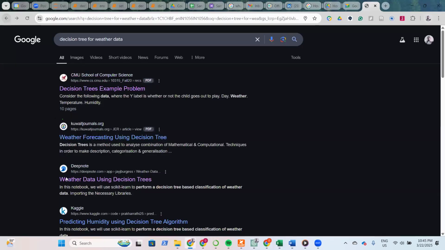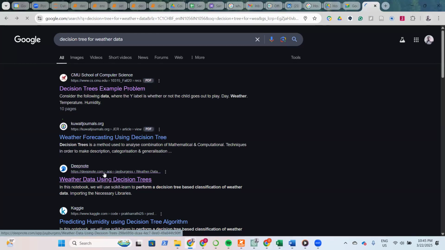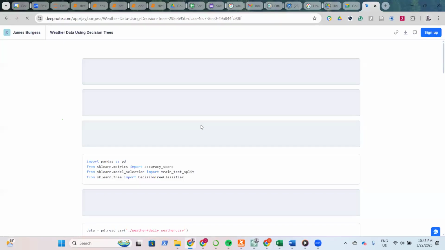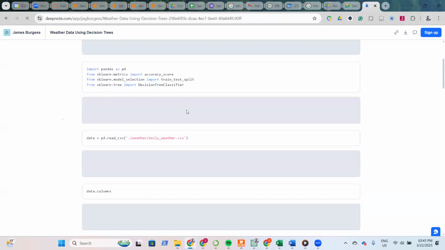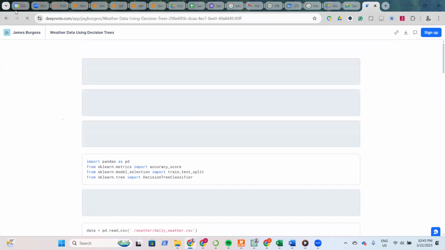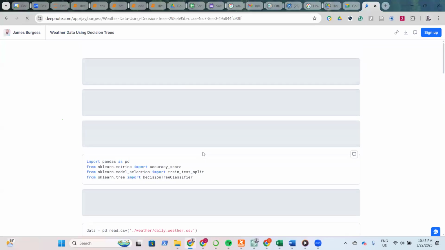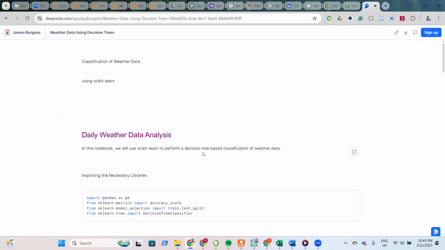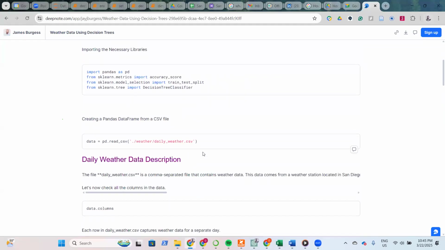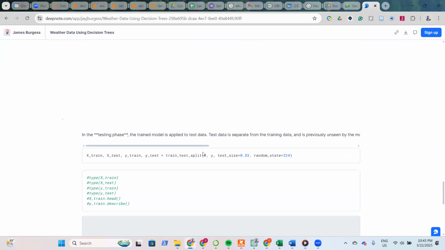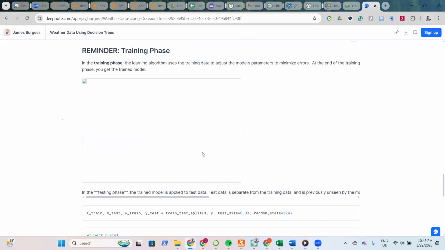There's another link that plotted the tree. I think this link plotted it. Yes, I want to use this. The network is slow. This thing is not loading.